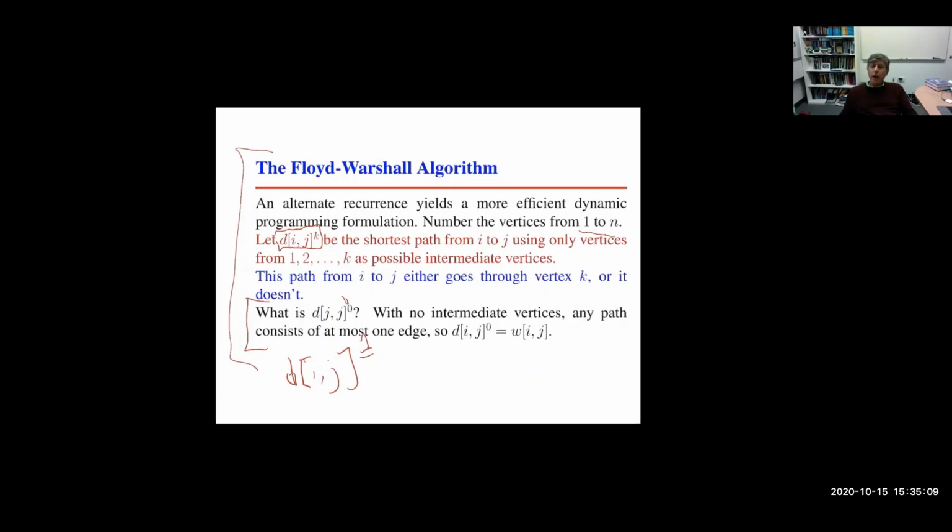If I'm only allowed to go through vertex 1 as an intermediary, what is the distance from i to j? Can anybody come up with an expression? If it's recursive, it should be in terms of things like this. Any ideas?